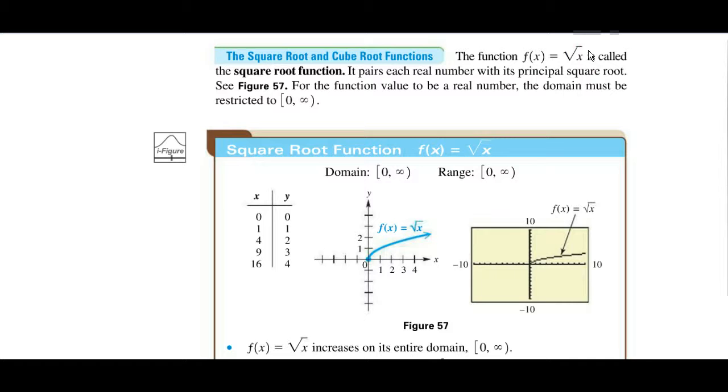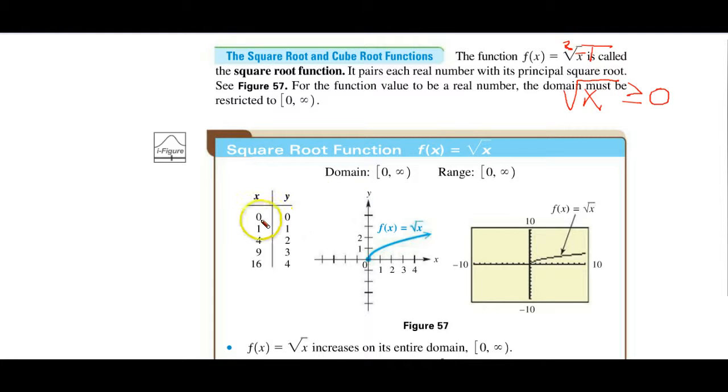Now, note that we had said that under a radical sign that has an index number of 2 here, that is, we don't write it when it's 2, it's the square root, can you have a negative value? And the answer is no. So the lowest value you could have under this would be, it has to be greater than or equal to 0. We talked about that earlier.